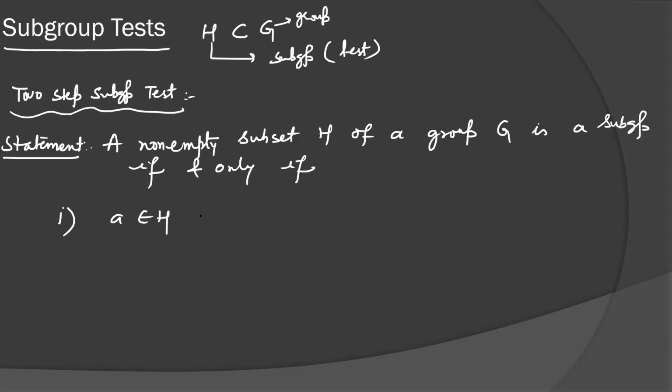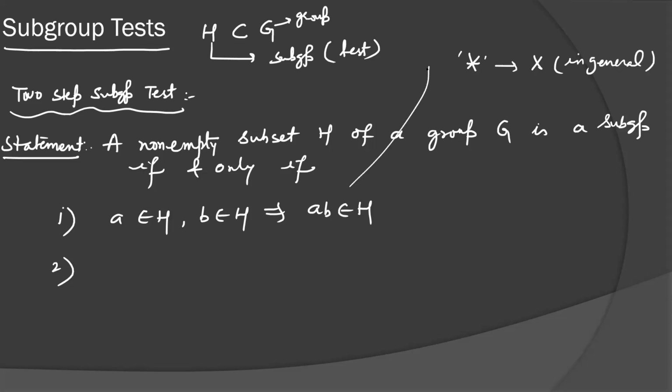One, if a belongs to H and b belongs to subset H, then a into b must belong to H, means closed. If any operation is not given, remember my point, we always take multiplication in general.